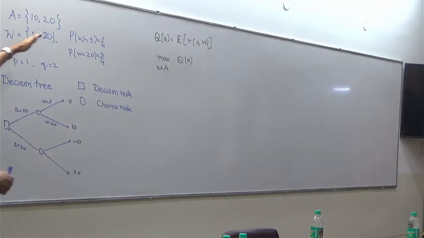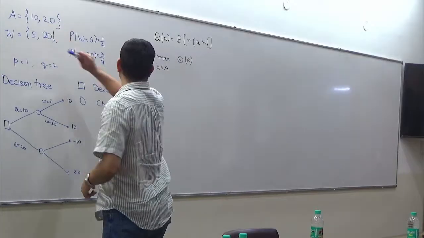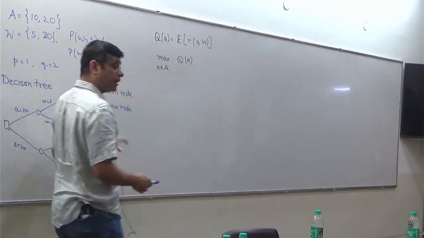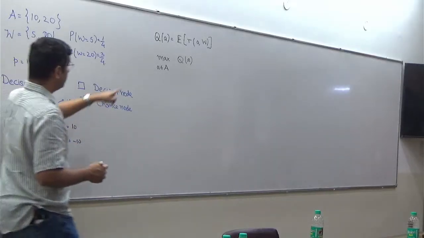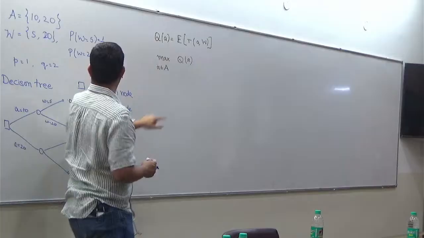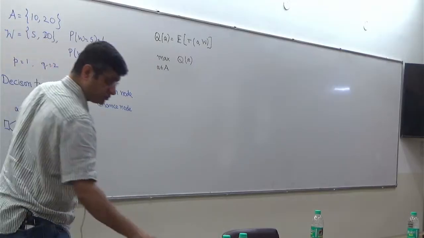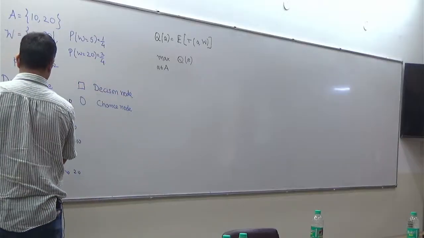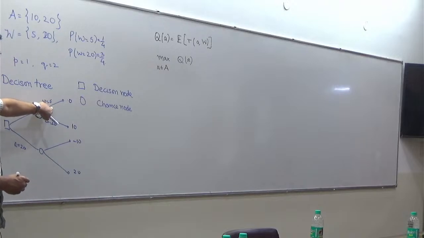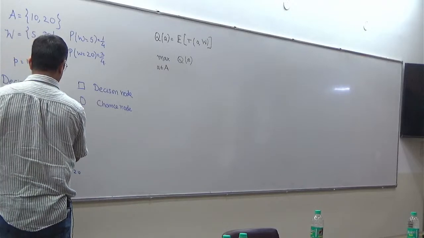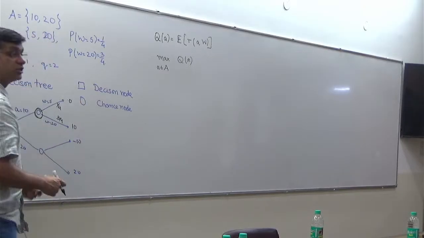Okay? So I can go ahead and do this mathematically. I take the value of R equal to 10 and I write this thing down, but this tree is already telling me how to do that. Okay? So what this is saying is, if I take A equals 10 here, let's go to the A equals 10 node. I have two alternatives. This gets chosen with probability 1/4. This gets chosen with probability 3/4. I have outcomes with certain values.